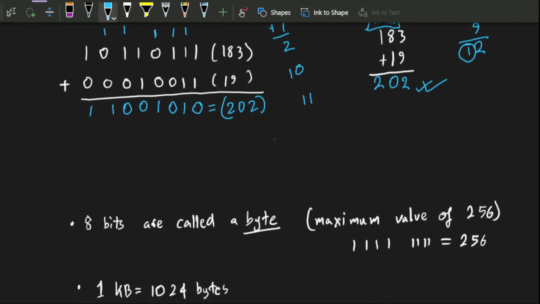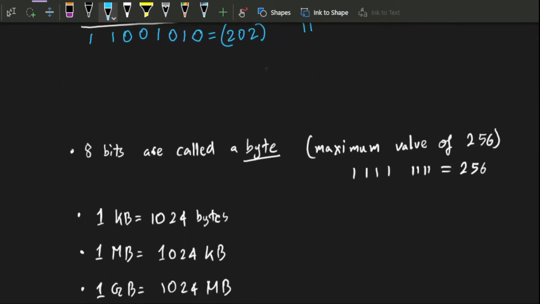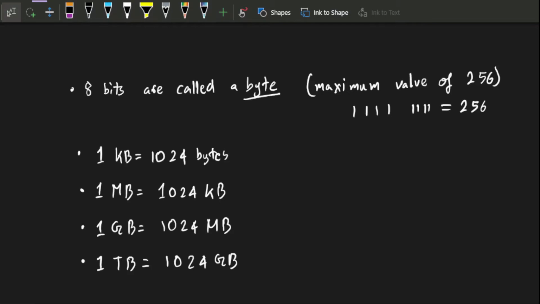So let's move on to what is called a byte. A single digit of binary is called a bit. 1 bit can be either 1 or 0, so it can hold two values. 8 bits is very common in binary, so it is called a byte.